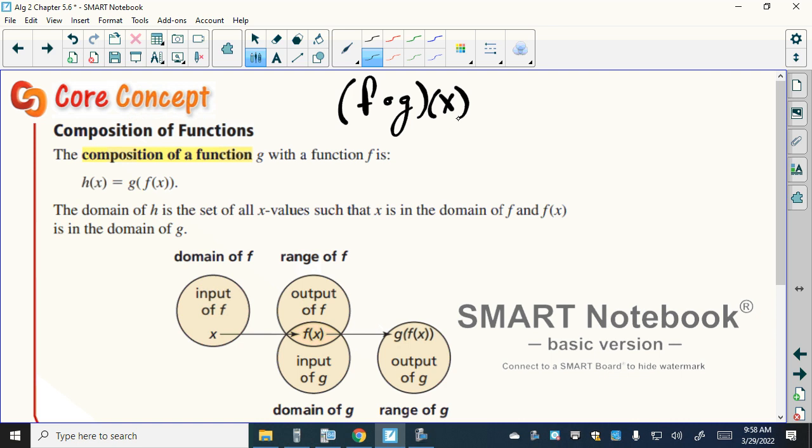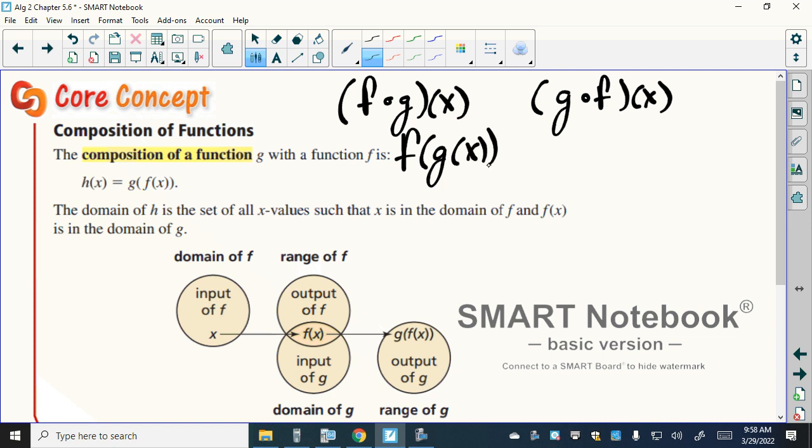It looks like fog, F-O-G, or goff, g of f of x, or f of g of x. Because our fog is talking about f of g of x, and goff is g of f of x. We're putting one function into another function.